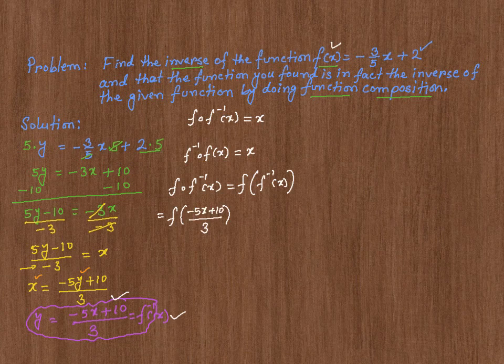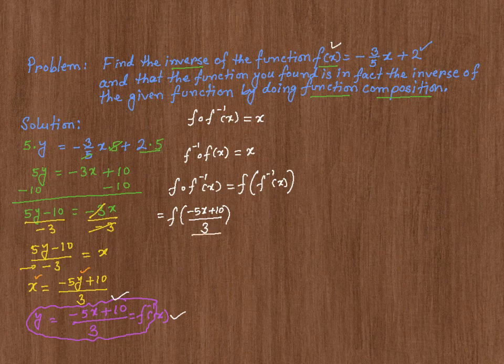So this goes into the function as an input. This is just one value, you can think of it. Don't break it down. Don't think that it's negative 5x plus 10 and then maybe divided by 3, something like that. It's just one single unit. This whole thing is an input to this function.